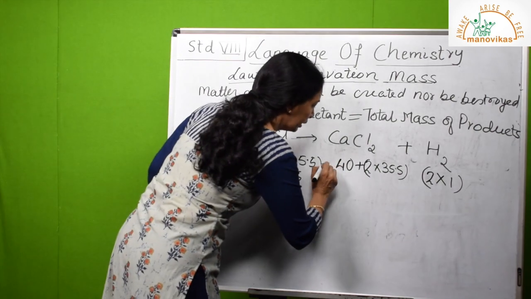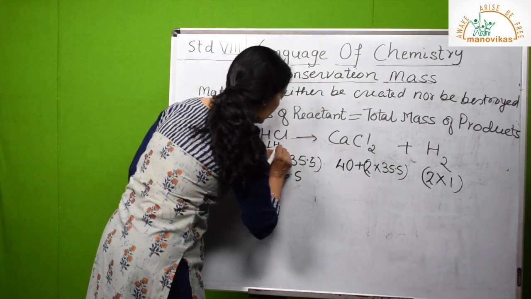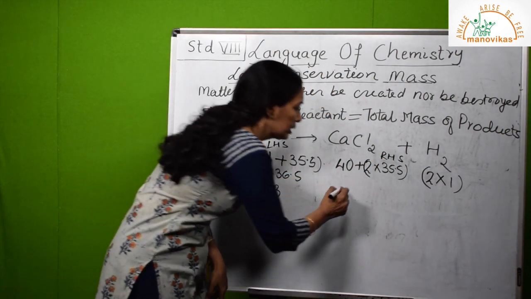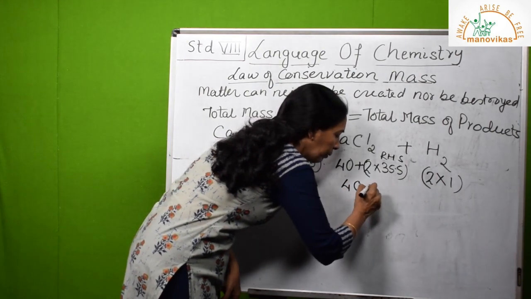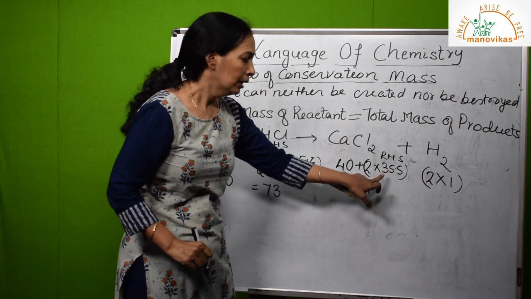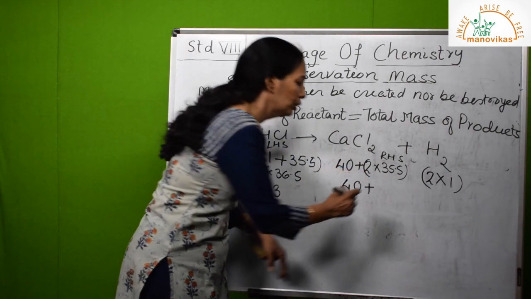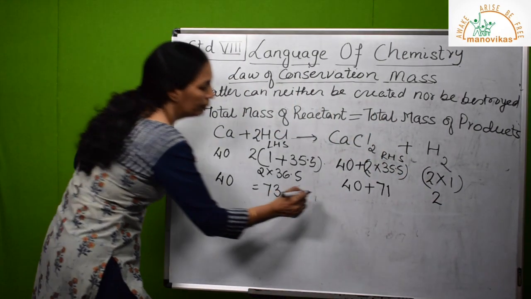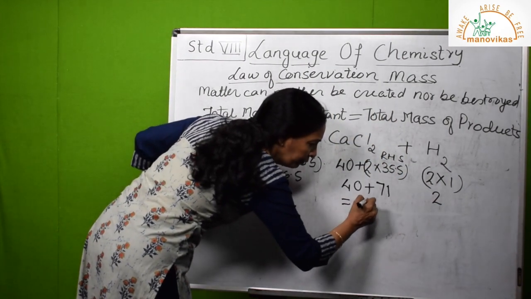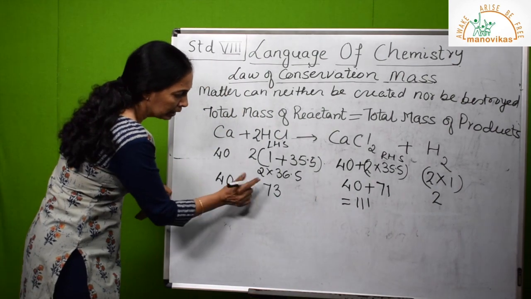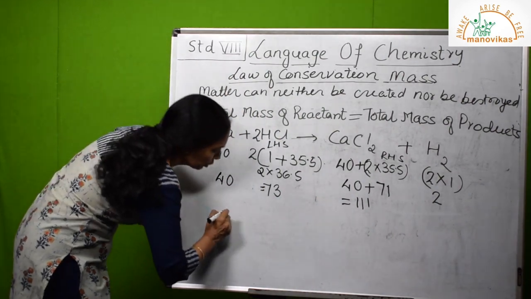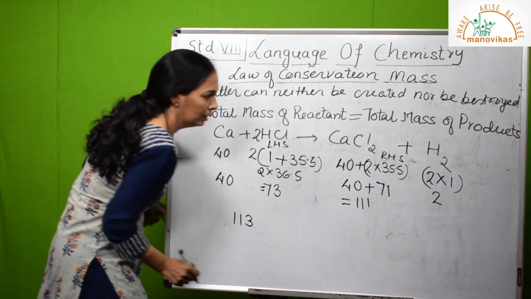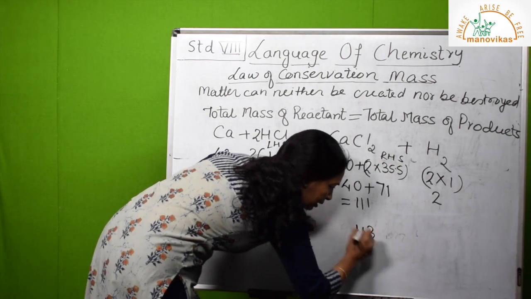This is the left hand side and this is the right hand side. Here you see this is 40 plus 35.5 twice, so this will be 71, and this is 2. So the total will be 113. Here we have 40 and 73, so the total also comes to 113.